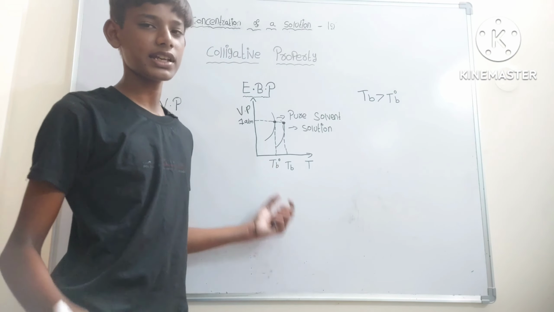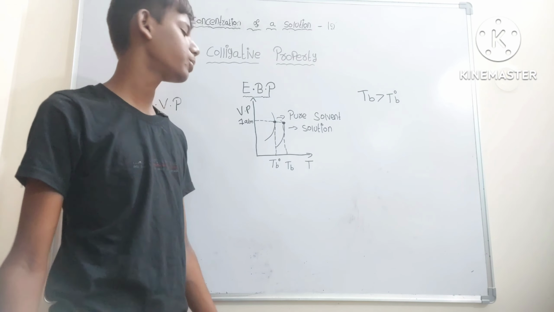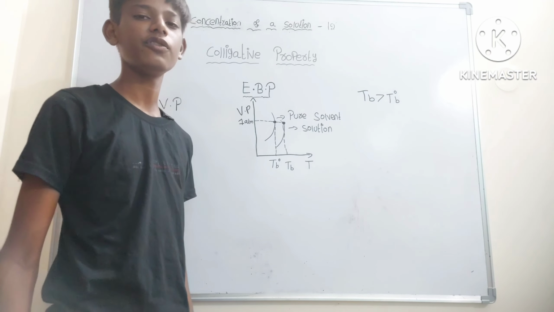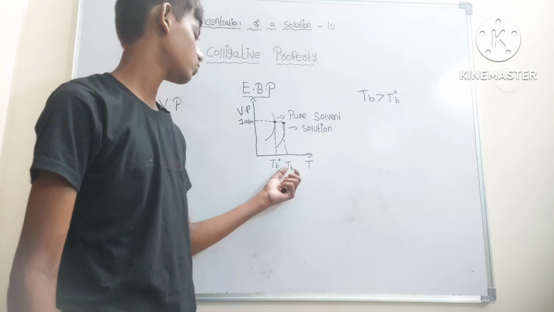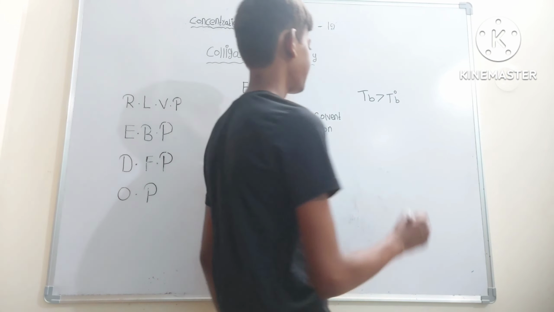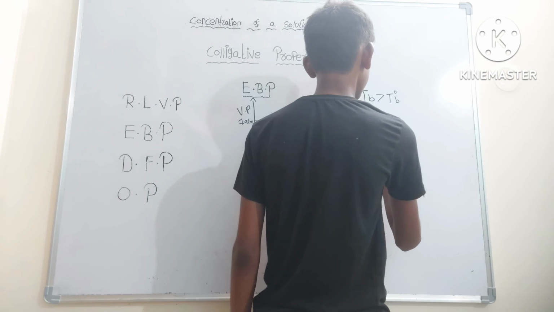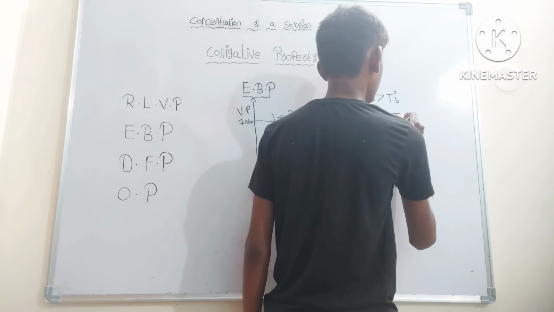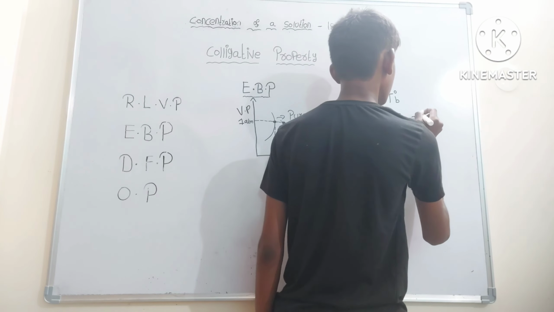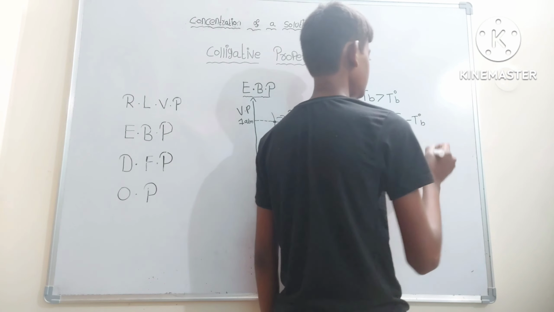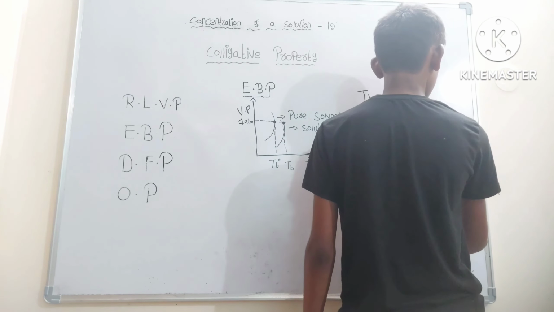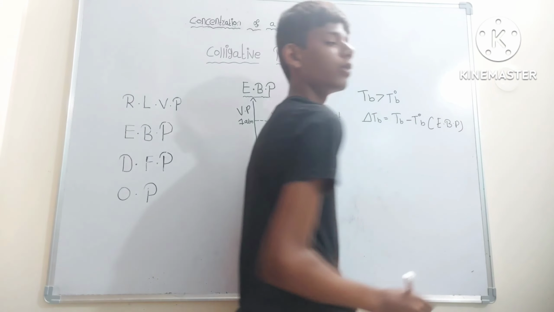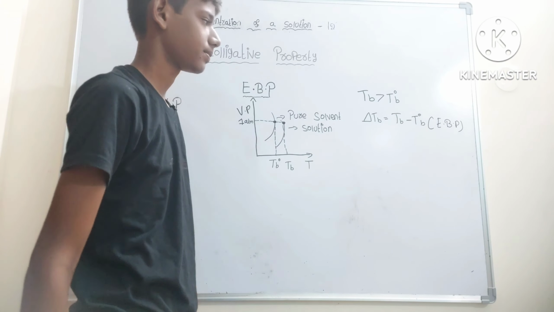T naught B represents the boiling point of the pure solvent. And TB is the boiling point of the pure solvent plus solute. Delta TB, elevation in boiling point, is equal to TB minus T naught B. Its name is elevation in boiling point, meaning the boiling point will increase.